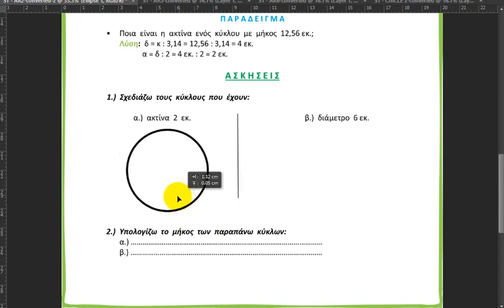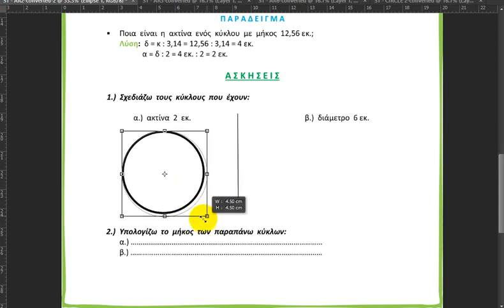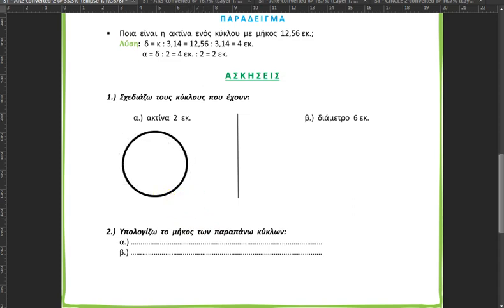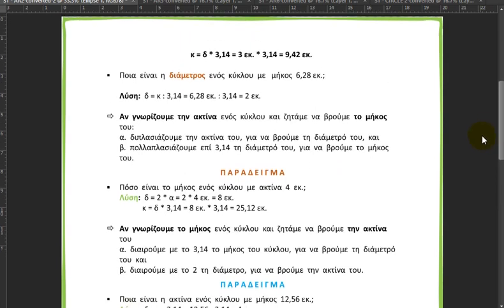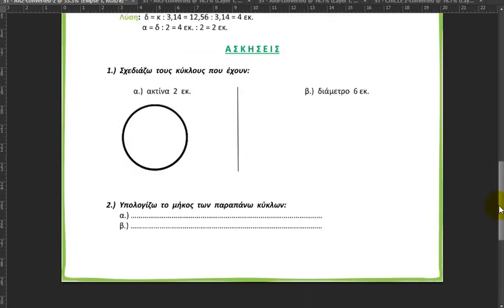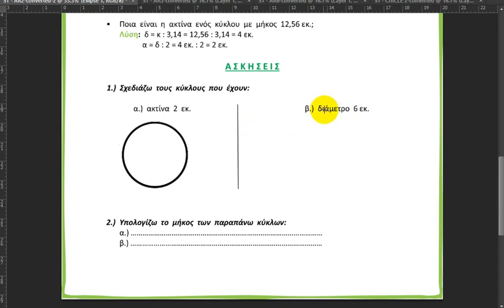So here's our circle, and you can imagine if this is 2 centimeters, then the one that has to have a diameter of 6 centimeters means that it's going to have a radius as shown in the theory above. If it has a diameter of 6, it's going to have a radius that is half of that, so 3. So it's going to be a little bigger than this one. I might have made it a little too big there. Let's say just a little bit bigger. Let's say this big. So that's going to be our second circle.